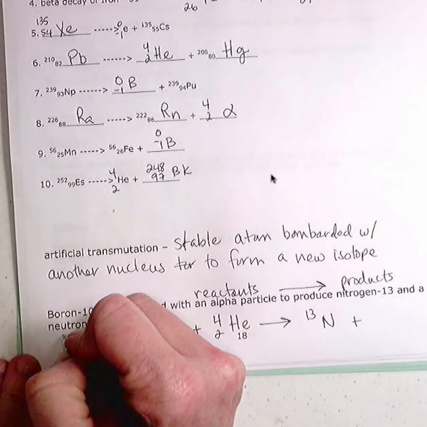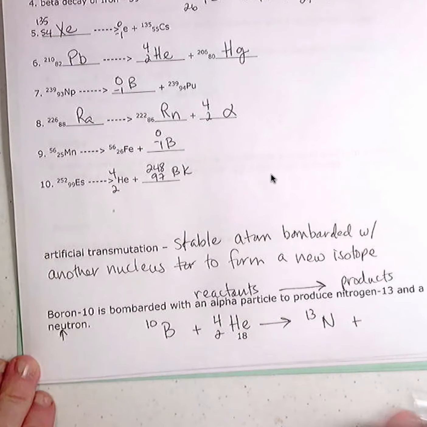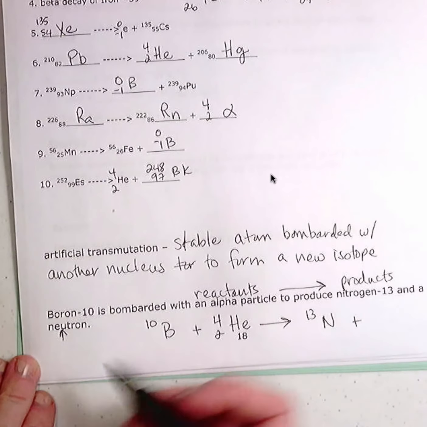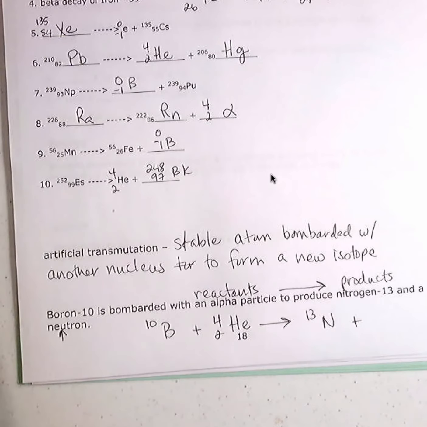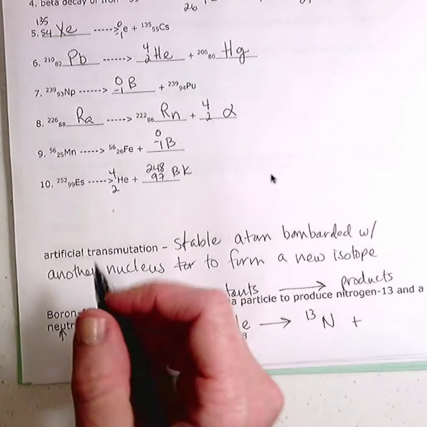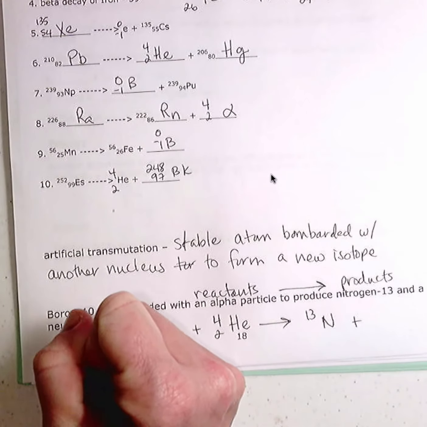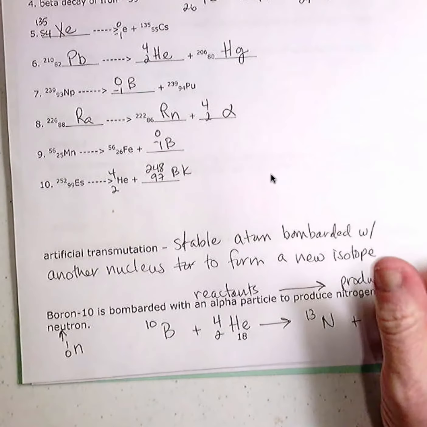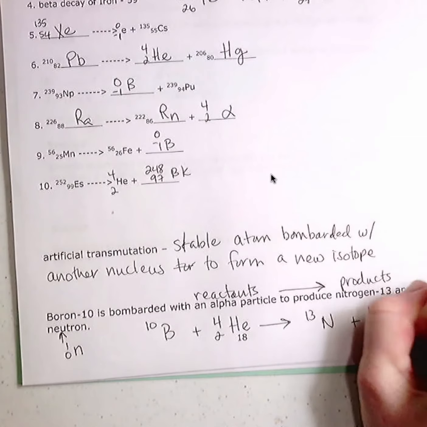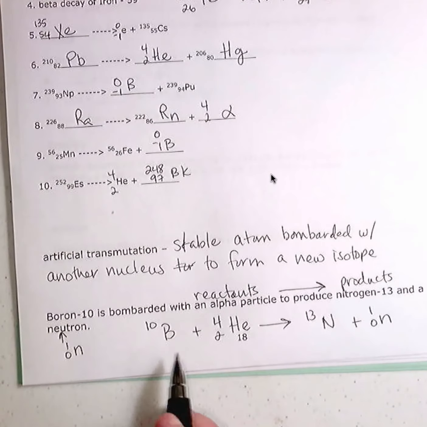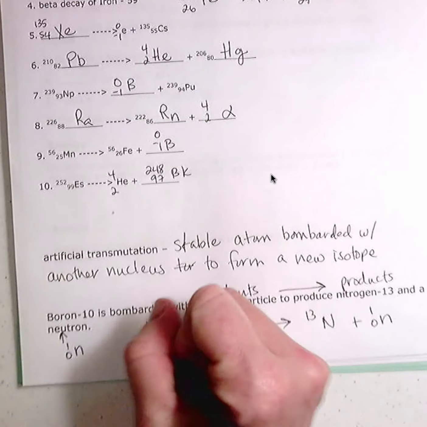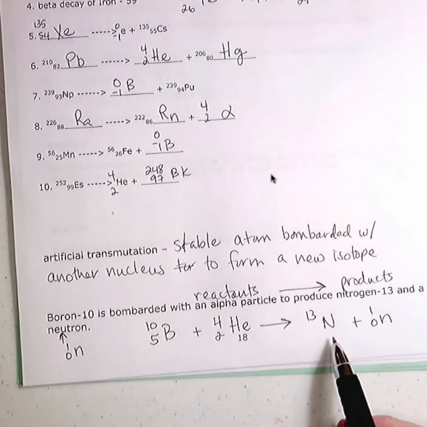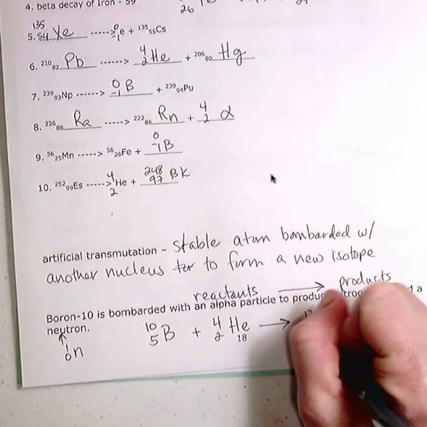Now this is the first time we've seen a neutron in a nuclear chemistry equation. A neutron, remember, has 0 charge but a mass of 1. So that's the symbol for a neutron. Boron has an atomic number of 5, and nitrogen has an atomic number of 7.